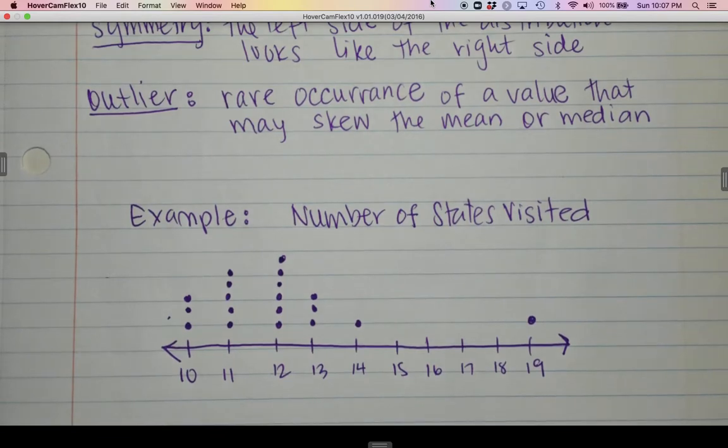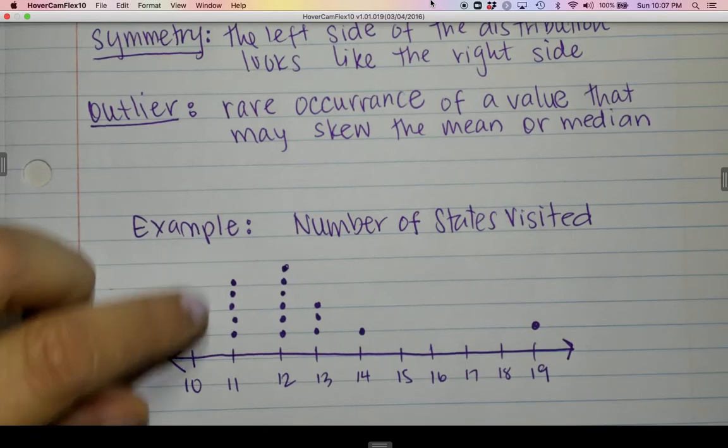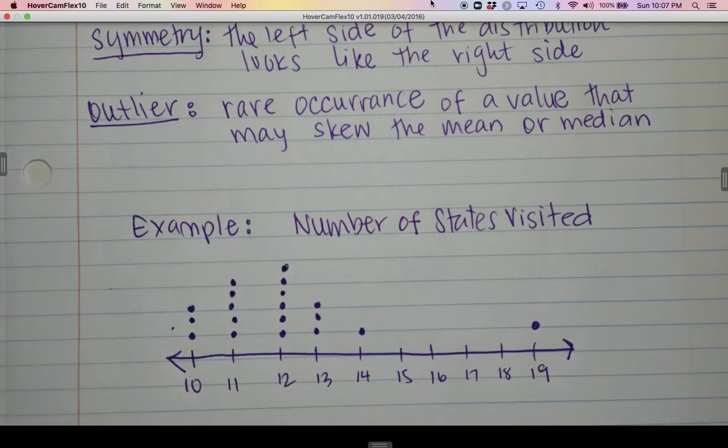And if these 5 were spread out more, it would look like I had more on 11 than I did at 12. So again, lining them up is important, because when I look at this, I can clearly see that 12 has more. Okay, so here's my data. Here's my dot plot.